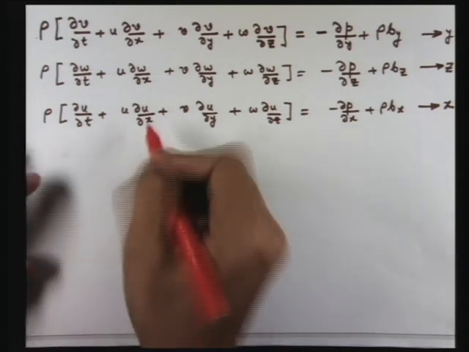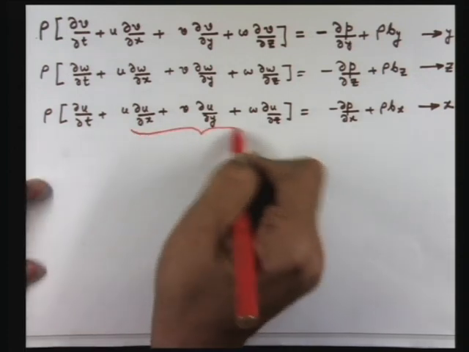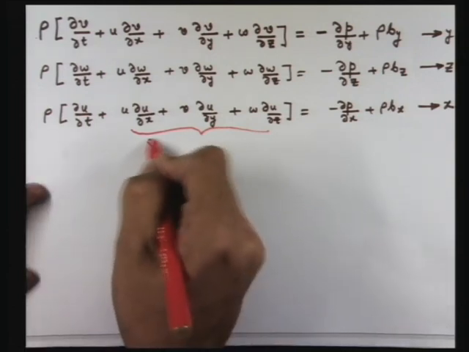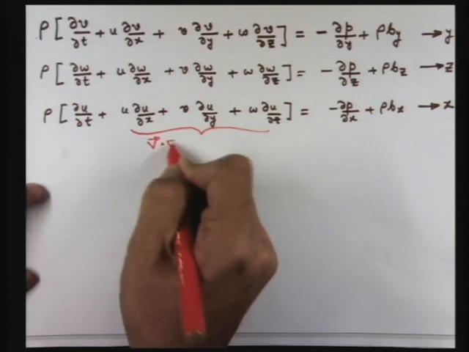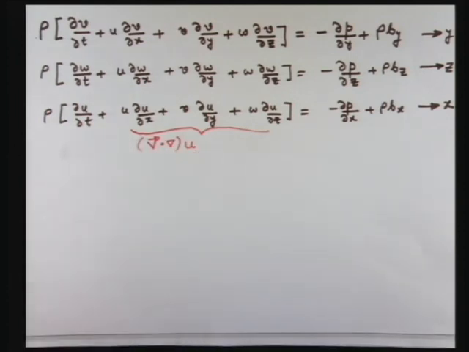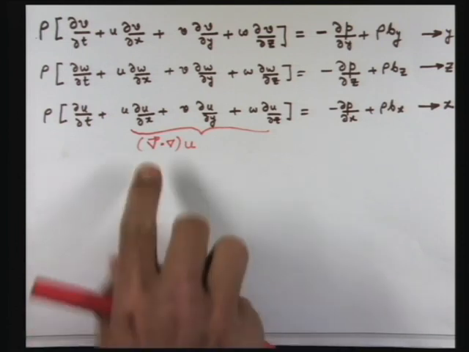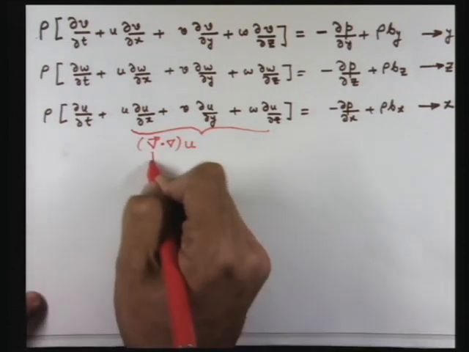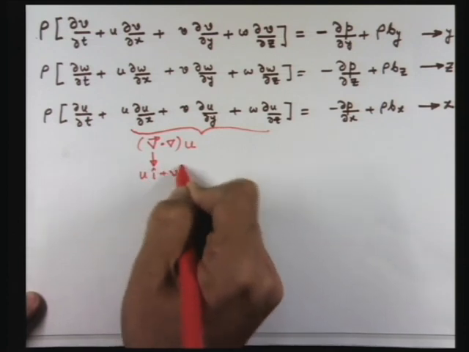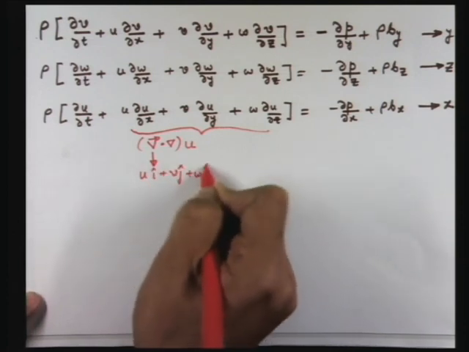Now this term you can write in this way. So this vector v is what? u i plus v j plus w k.